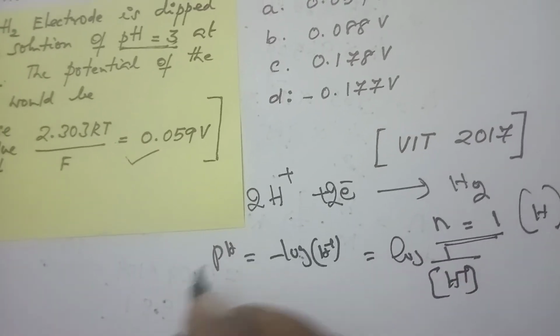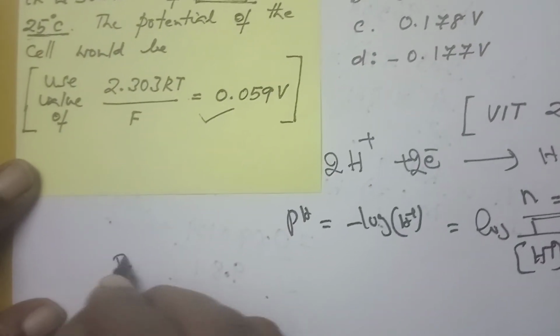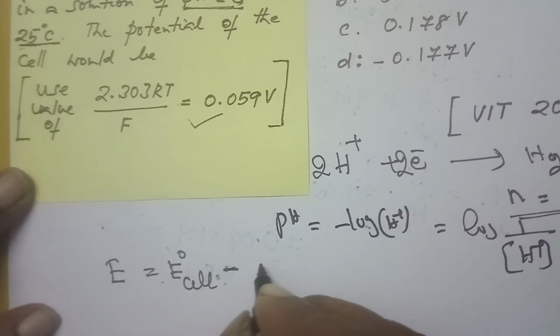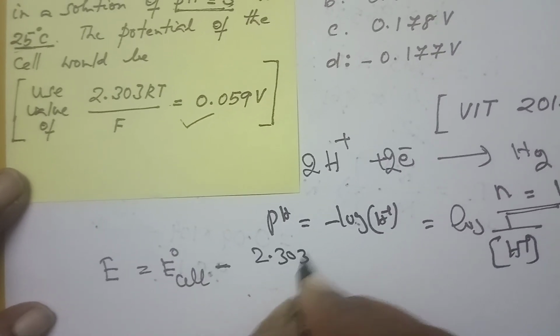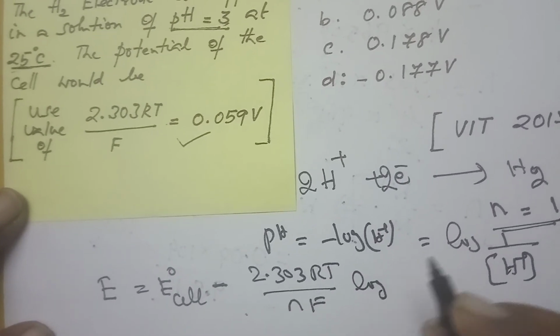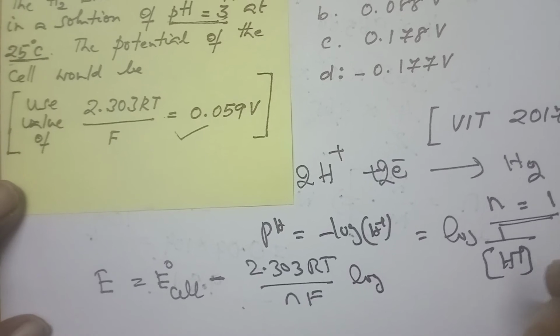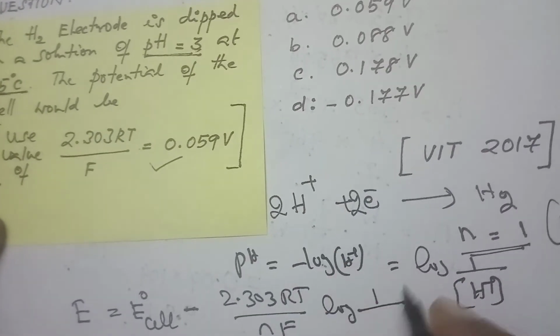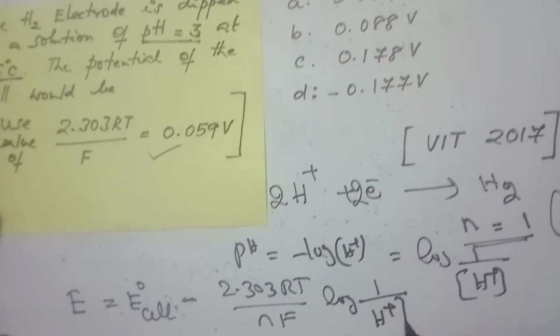Now let us see the Nernst equation: E is equal to E naught cell minus 2.303 RT divided by NF log of products by reactants. Here the product is H2, which you can take as 1, and the reactant is the concentration of hydrogen.